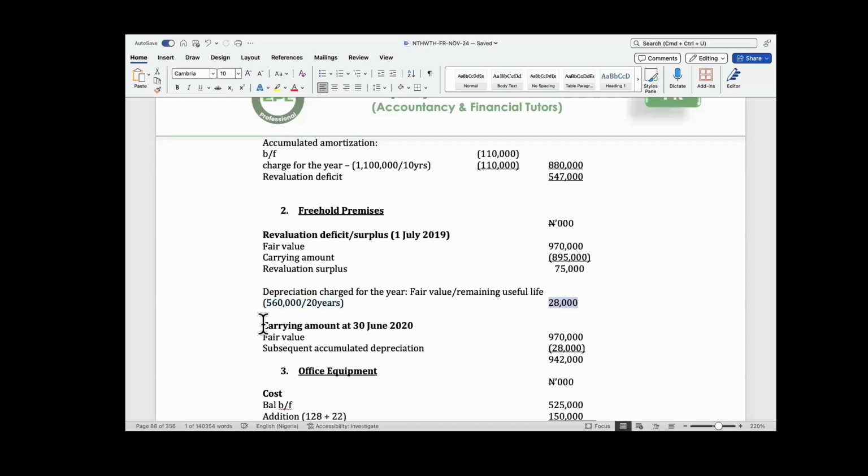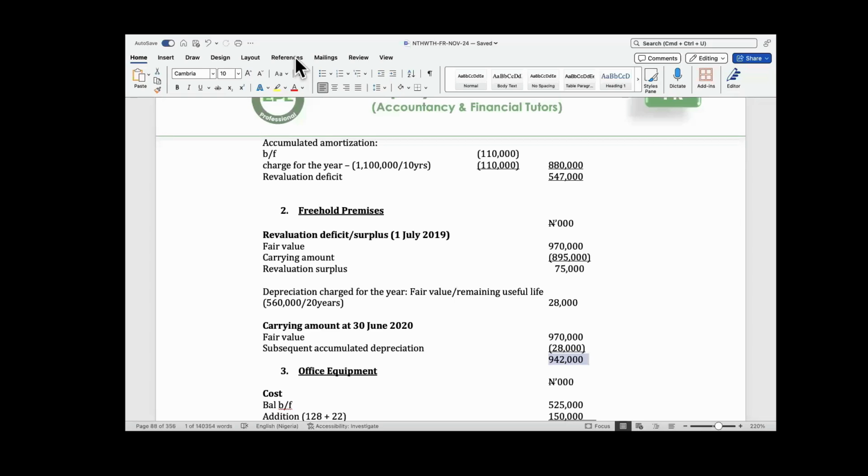So my carrying amount at the end of the year is the fair value of the land and building, which is 970, the same thing I used there, minus the subsequent accumulated depreciation in this case, which is 28. And that gives me 942. My students that are not sleeping and are following and are revising should be seeing something to take home here.